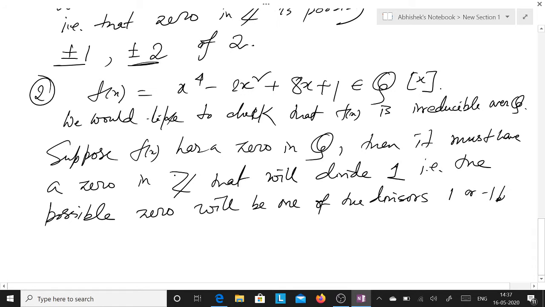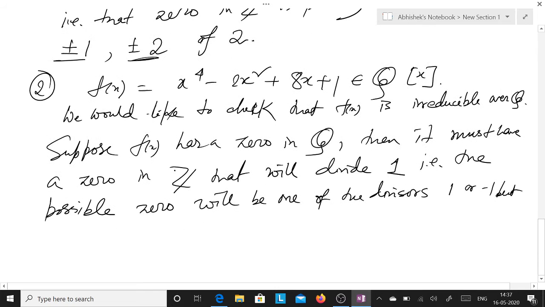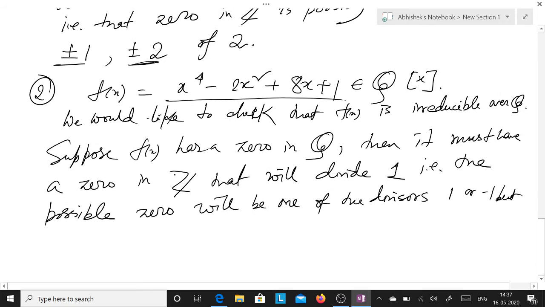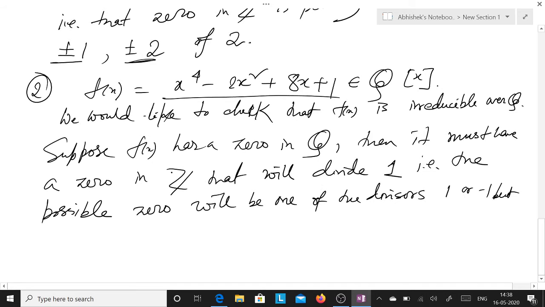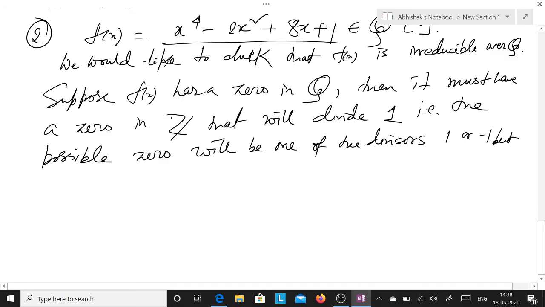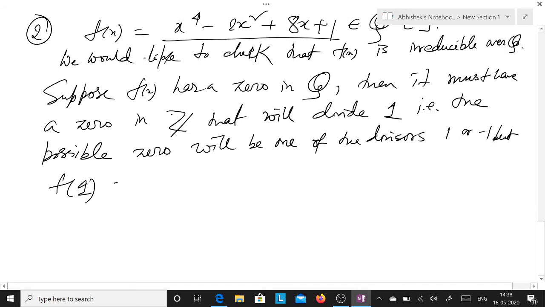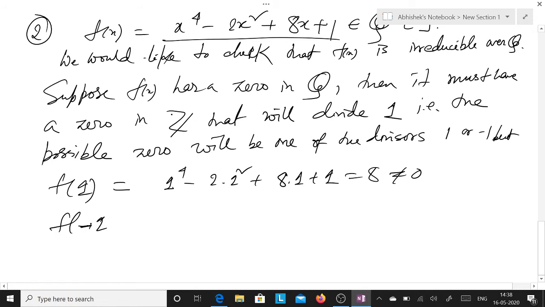But if we put 1 or -1 into the polynomial f(x) in place of x, then we will see that f(1) will be 1^4 - 2(1^2) + 8(1) + 1. So this is 8, which is not equal to 0. And if we put -1 in place of x, we will see that it is -8, which is again not equal to 0.